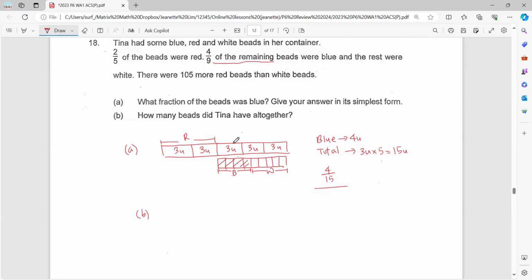How many beads did Tina have altogether? There are 105 more red than white. So we have to compare red versus white. White is 5 units. Red is 6 units as taken from the model. Then you compare, the difference is 1 unit.